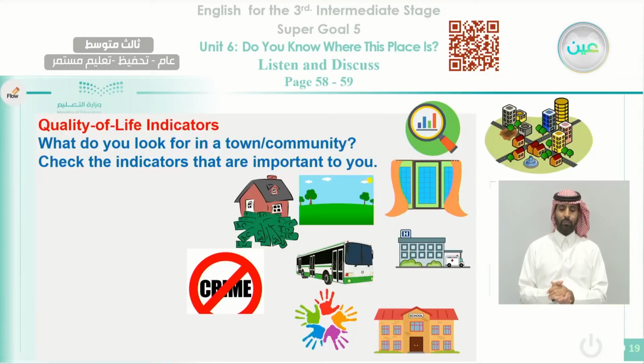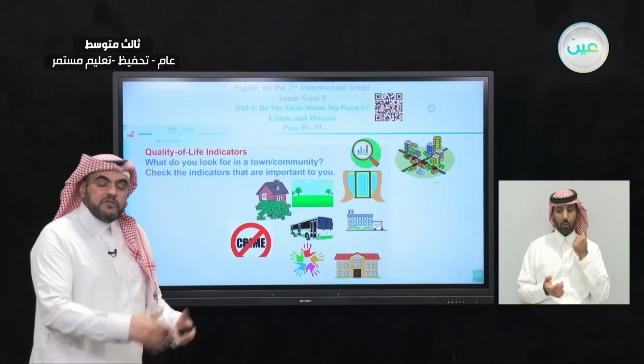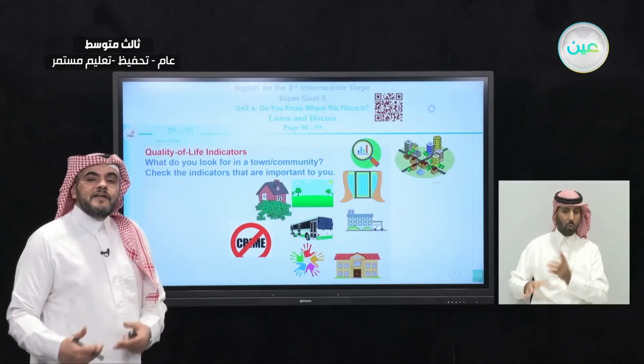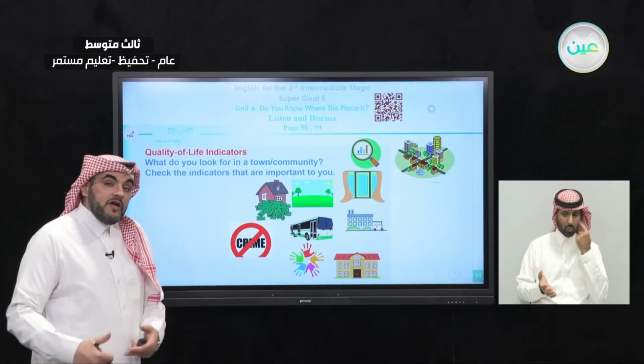Now before we go to the questions to answer them, let's see what are the good qualities for living in a city. What do you look for in a town or in a community? Check the indicators that are important to you. If you want to live in a neighborhood or in a city, what are the characteristics that you are looking for?